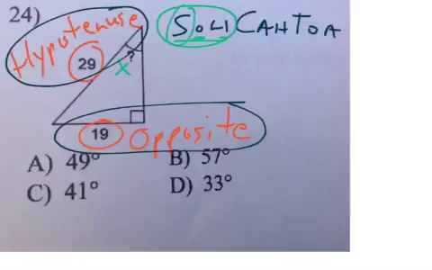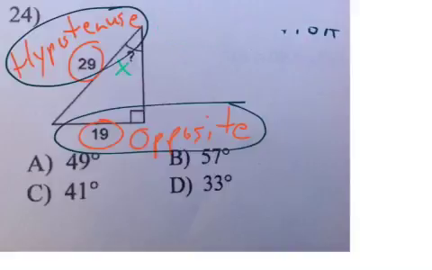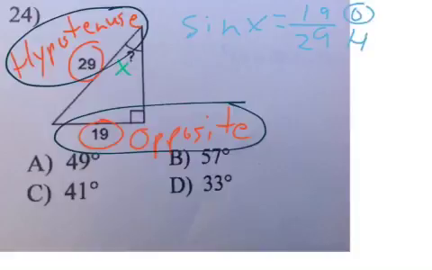And that S right there stands for the sine of the angle. The sine. Okay? So, now that we know it's the sine, where do we go from here? Well, we know that the sine of x has got to be 19, which is the opposite side, divided by the hypotenuse, 29.